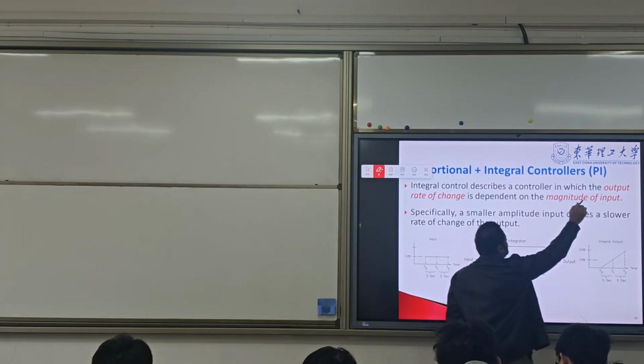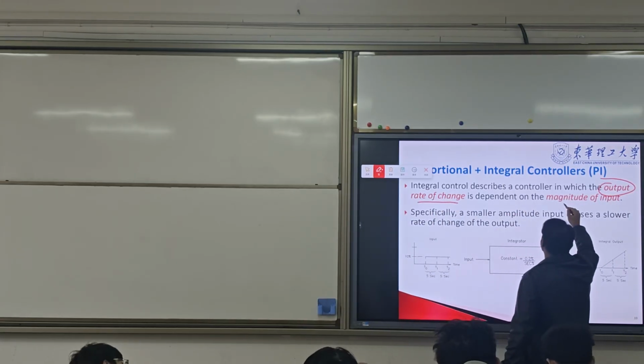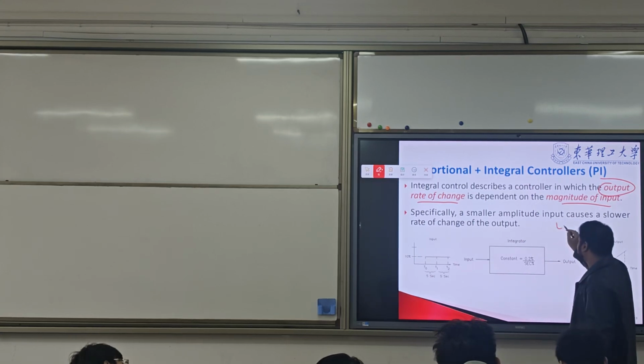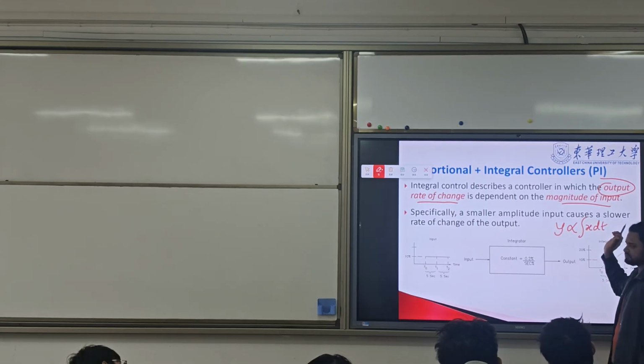Integral control has an output rate of change that depends on the magnitude of the input. That is, we already know that y is proportional to the integral of x dt.